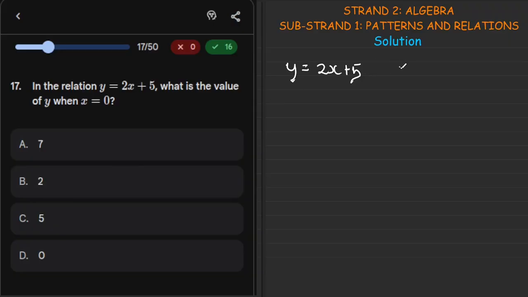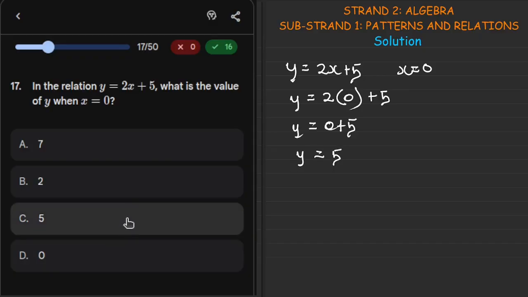So x is equal to 0. Substituting, we have y being equal to 2, then we bring in a bracket. Instead of x, we put 0 over there, then plus 5. Simplifying further, we have 2 times 0, which gives us 0, then plus 5. We have our y being equal to 5.